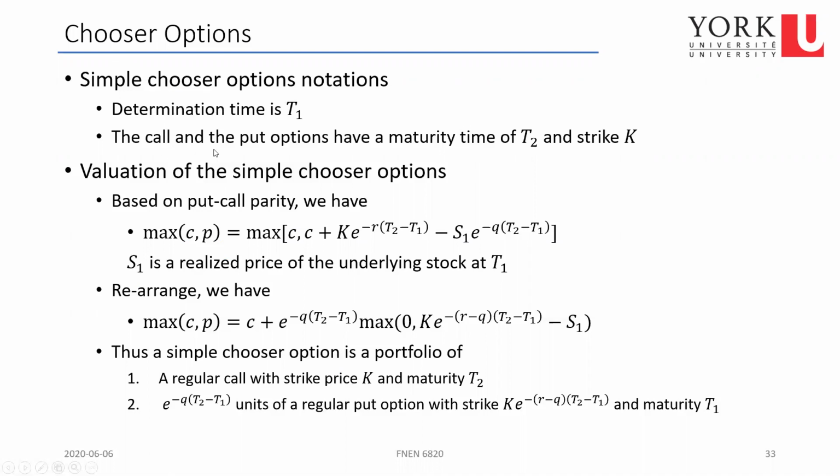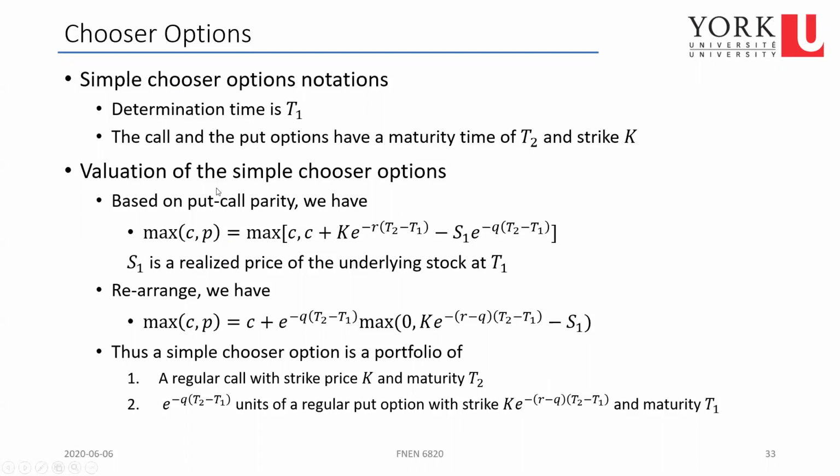Once we exercise at maturity T1, we get an option, either the call or the put. But the call and the put themselves have a maturity at T2, and T2 is greater than T1. The call and the put have the same strike price K.